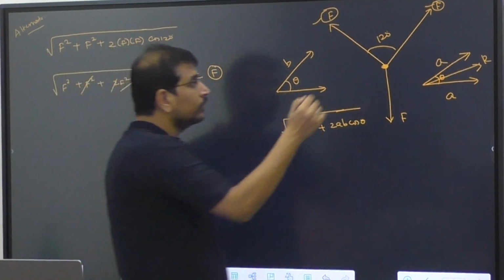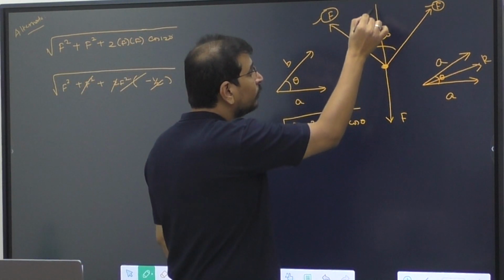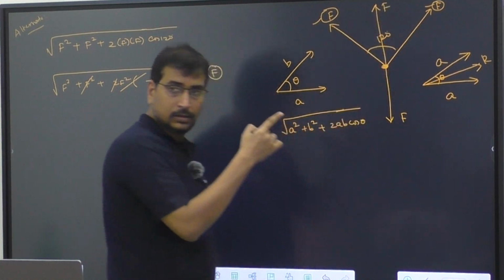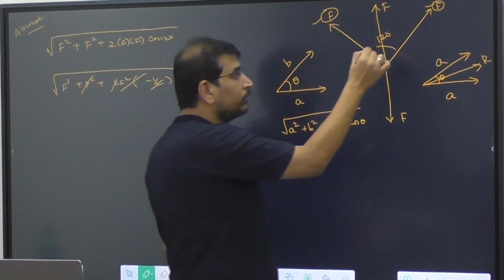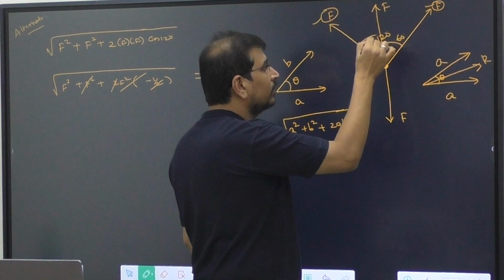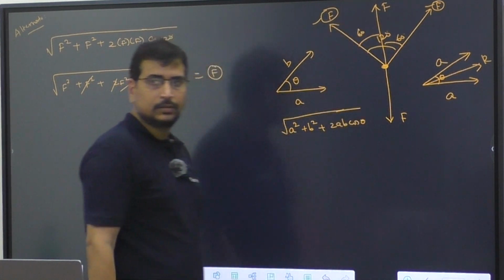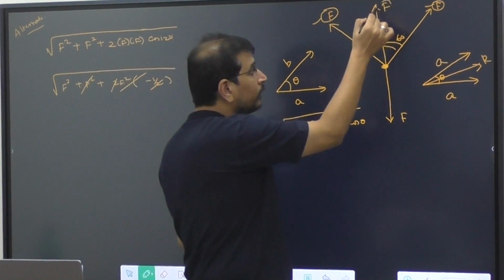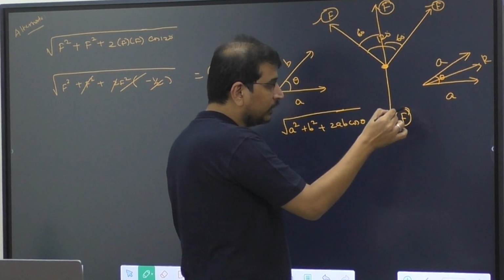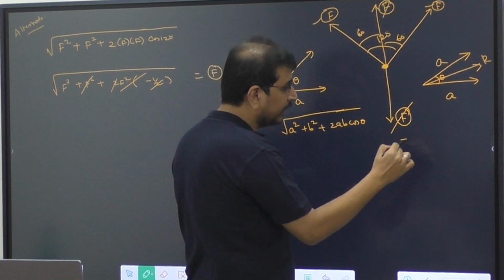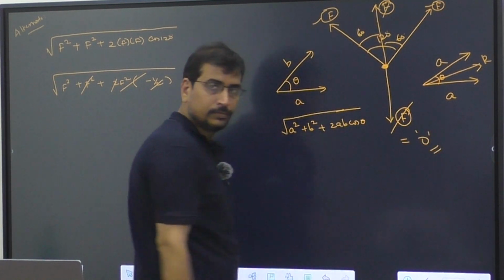So what is the answer? The resultant will be in this way, making an angle of 60 here, and this F is exactly opposite to this F, and they get cancelled, and the answer is still going to be 0.